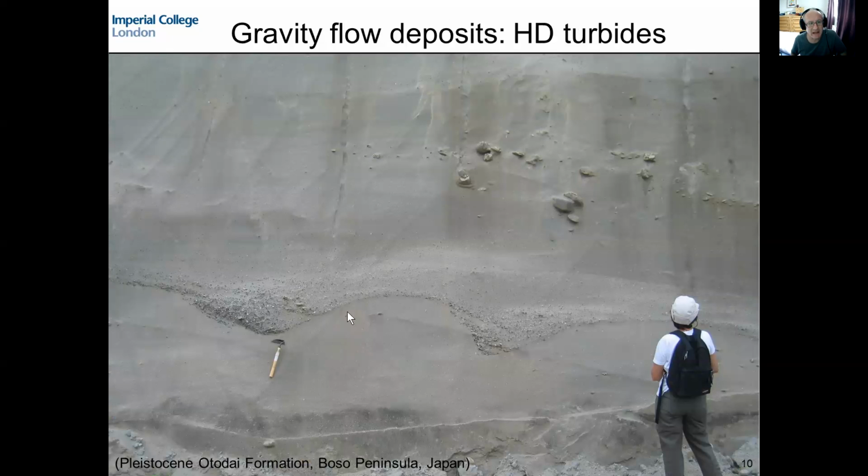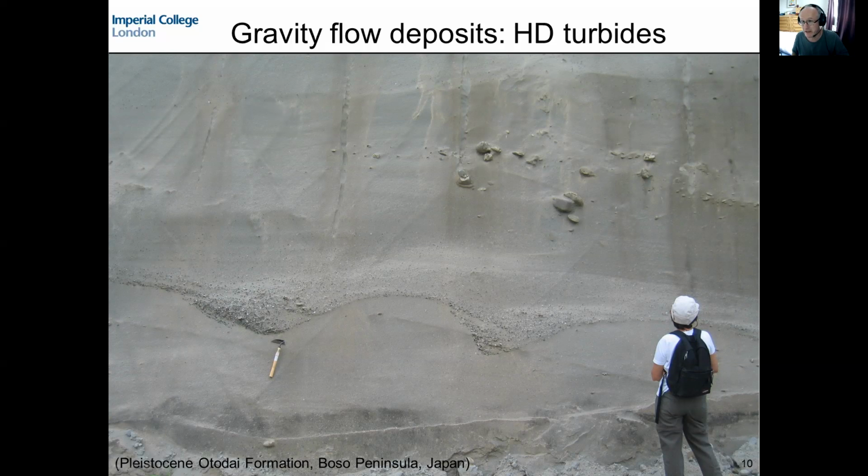This example here shows an erosion surface above this trowel, and then part of a very thick flow about 1.5 meters in thickness. We have coarser material at the base and then fining upwards into sand. That graded bedding is indicative of turbidity currents.